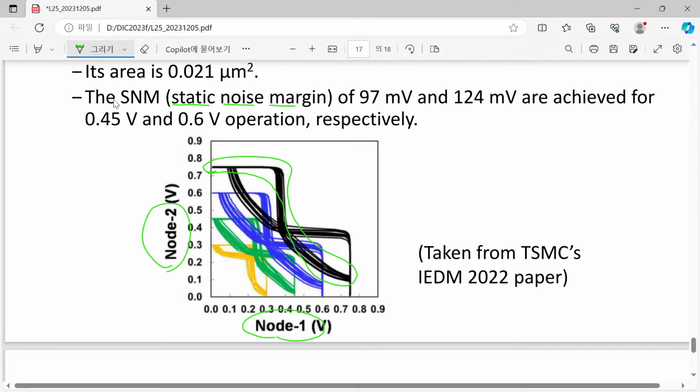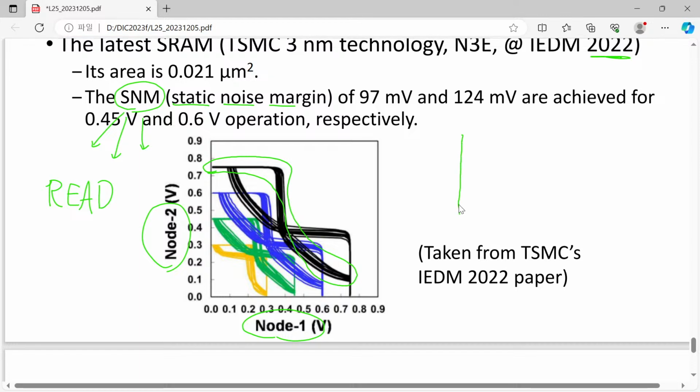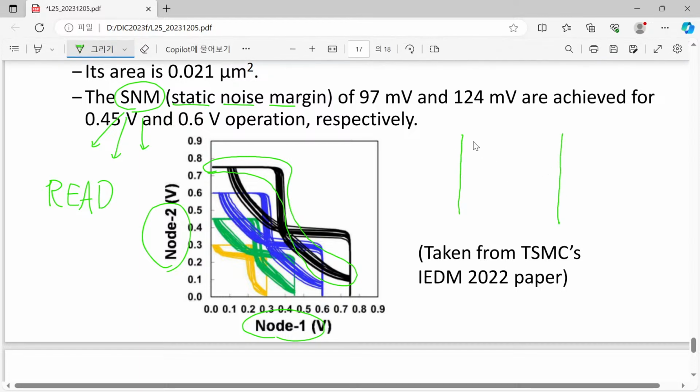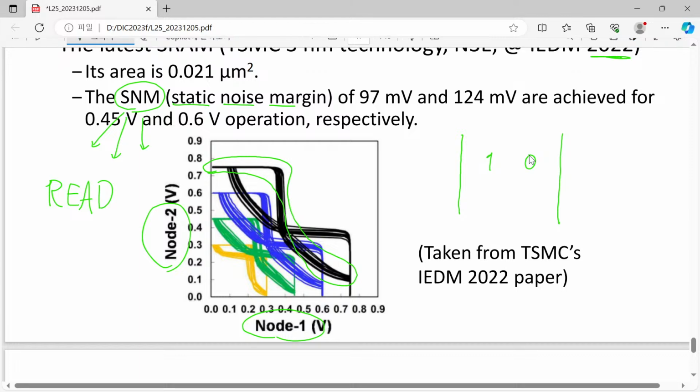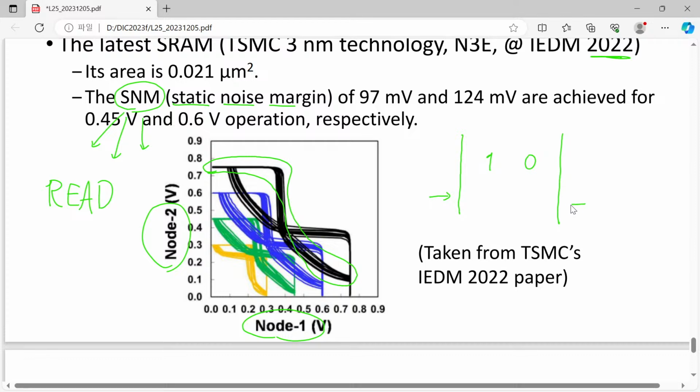Actually, in the case of our SRAM, when you say static noise margin, there can be different scenarios. Among them, this one shows the so-called read noise margin. Here we have a pin line, say we have a storage 1 and a storage 0, and we read this voltage and that voltage.